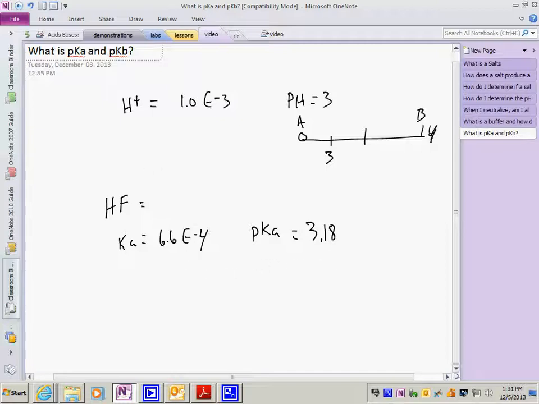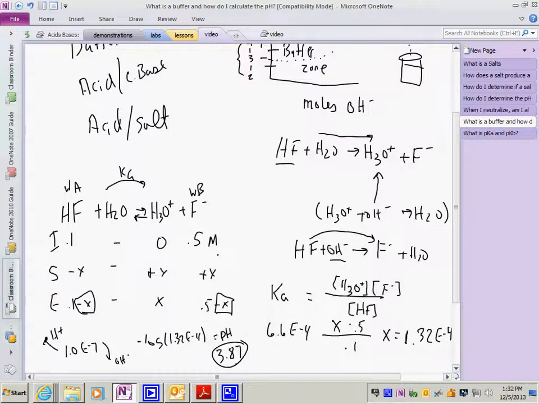Now, like I said, every acid reacts with water to produce H3O plus ion and F negative ion. So there are two factors. One is this K, how much it moves to products, and the other is the initial amount of it that you have. It turns out that this K value is quite representative of what you're going to get, and therefore the pKa does tell us roughly where this thing is going to land. In fact, on my last one, it landed at 3.7, even though I have more of my base than I do acid.